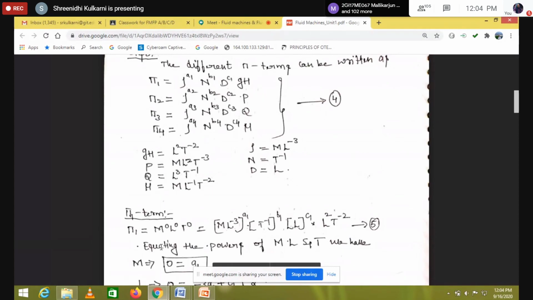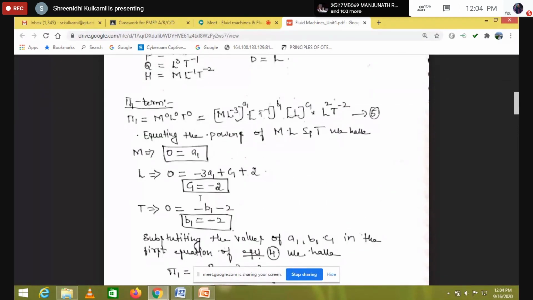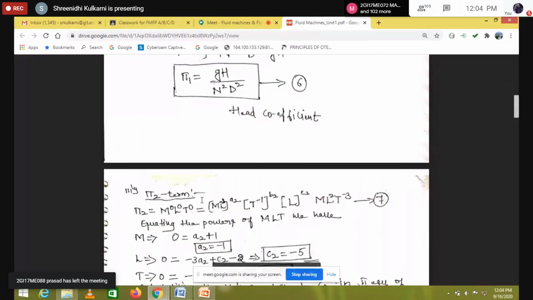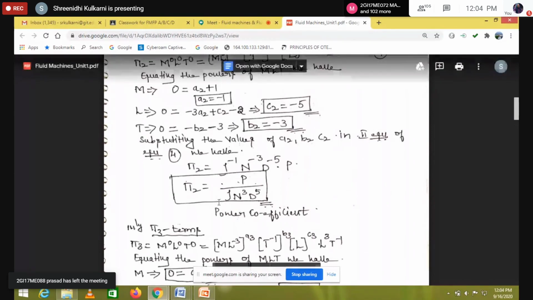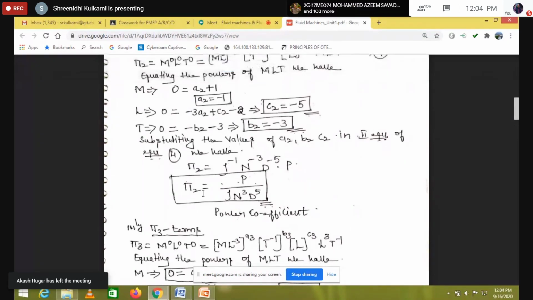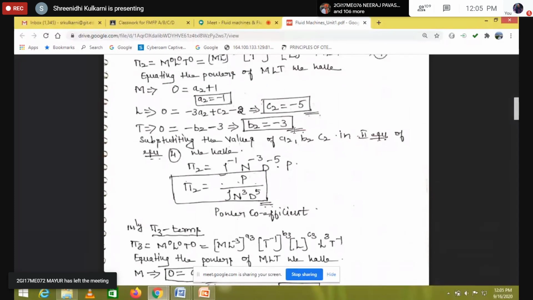Once we equate the powers, we will know the constants a1, b1 and c1, later a2, b2, c2, and so we will get these terms. This is the procedure we have to follow while solving the problems. Before going to this, if there are any unit conversions, please try to solve the unit conversions yourself.